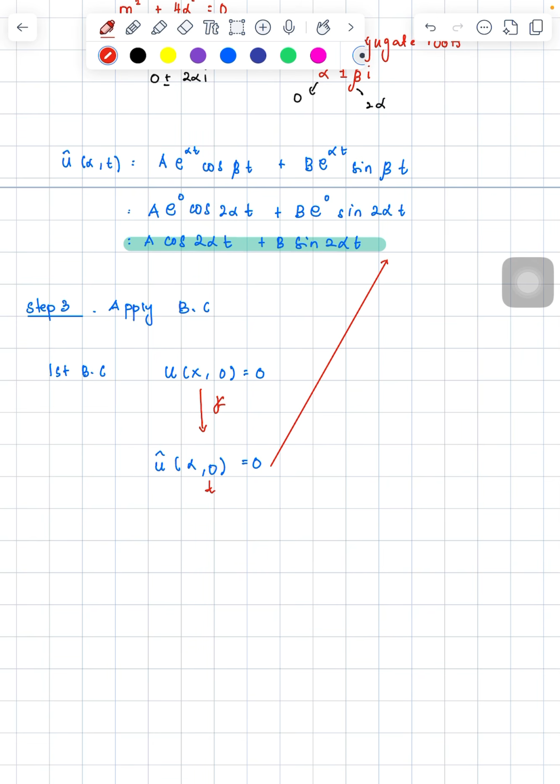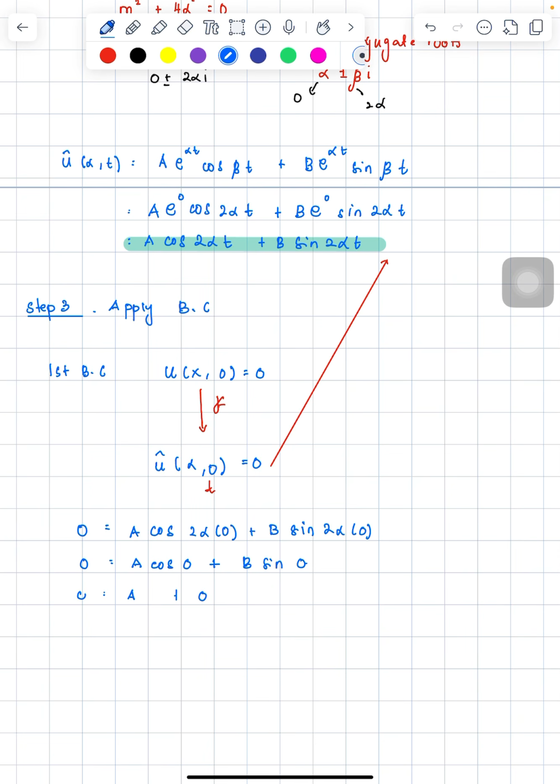So 0 equals a cos 2 alpha 0 plus b sin 2 alpha 0. So we have a cos 0 plus b sin 0. Cos 0 is 1, so we have a, and b sin 0 is 0.